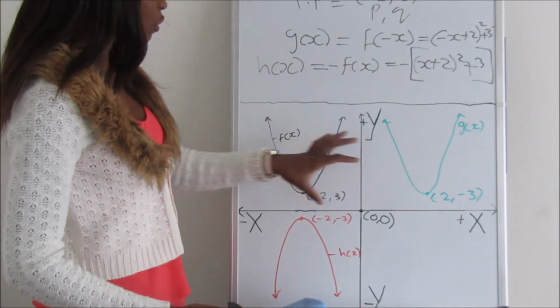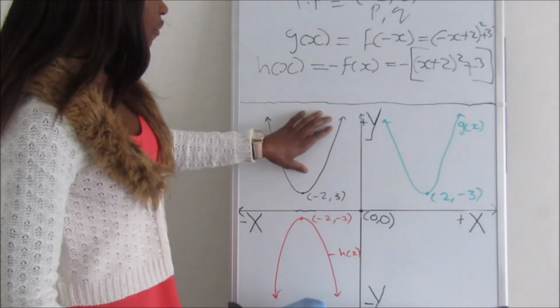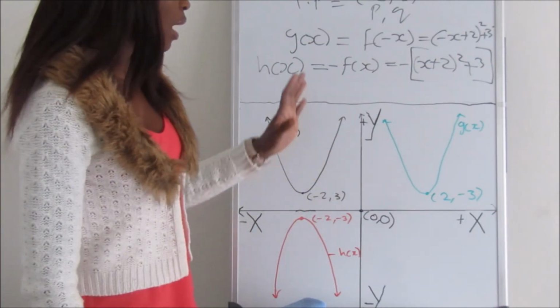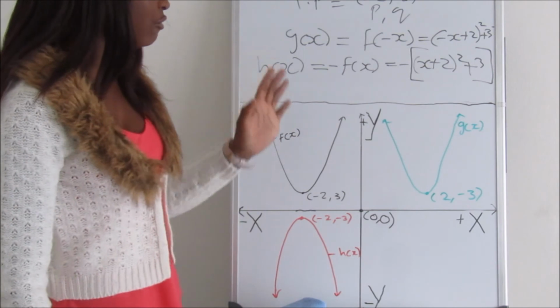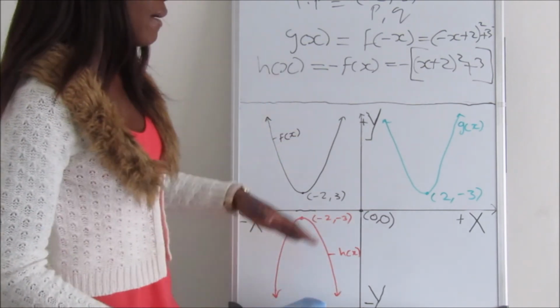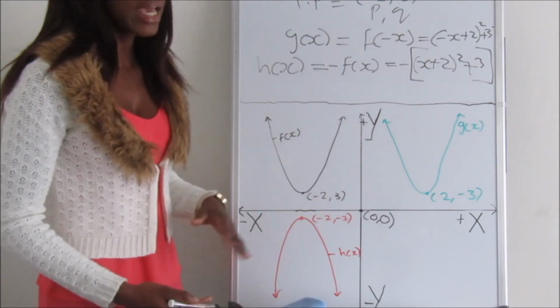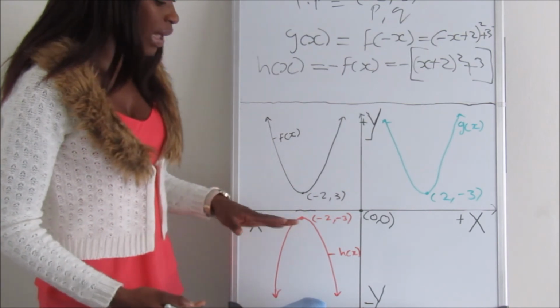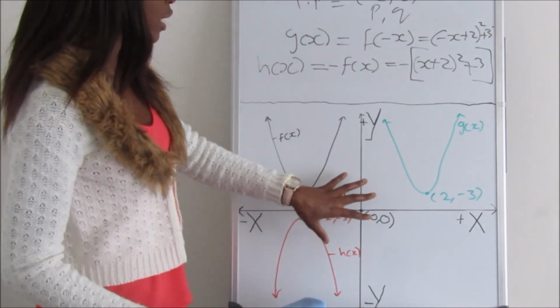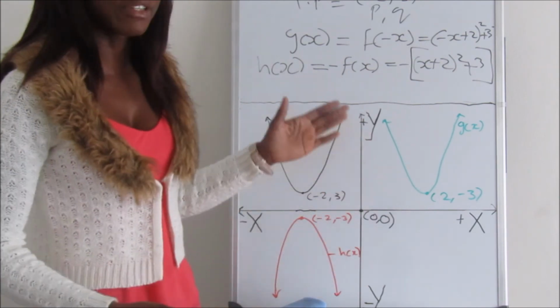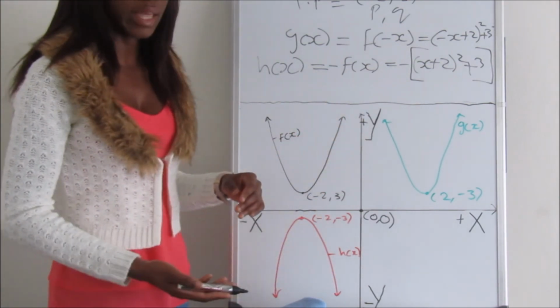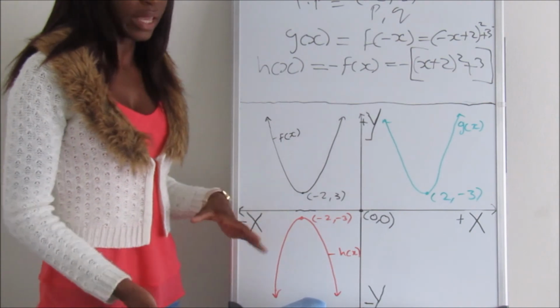So we can conclude from these three graphs that if it's f at negative x, then it is a reflection along the y-axis. But if it's negative f at x, then it's a reflection along the x-axis. We can conclude that if it's negative x, then it's along the y-axis, but if it's negative y, then it's along the x-axis.